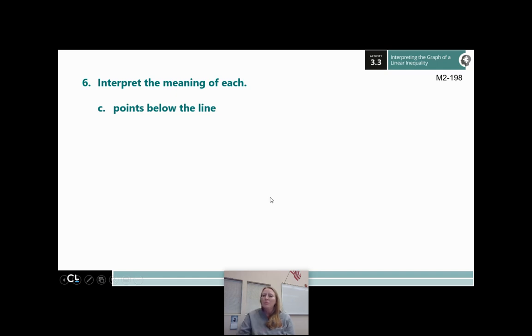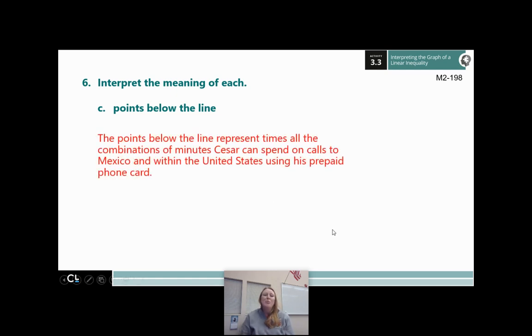And of course, the points below the line, that's good, right? Those are all good. Those are the ones he can use his card on. So the points below the line represent all the combinations of minutes that Cesar can spend on calls to Mexico and also within the United States using his prepaid phone card.